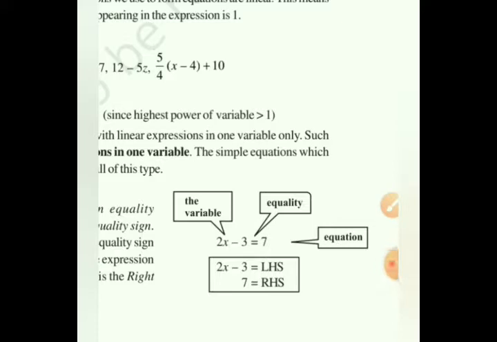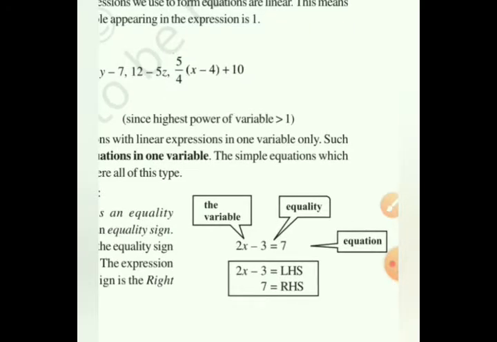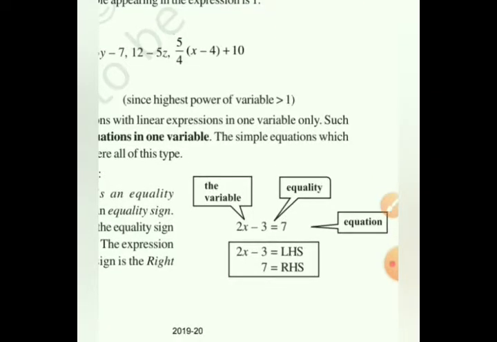We know that 2x minus 3 on our left hand side is an algebraic expression and on our right hand side 7 is a constant number. But whenever we use the equality sign, it becomes an equation. So whenever we compare left hand side and right hand side, it becomes an equation.